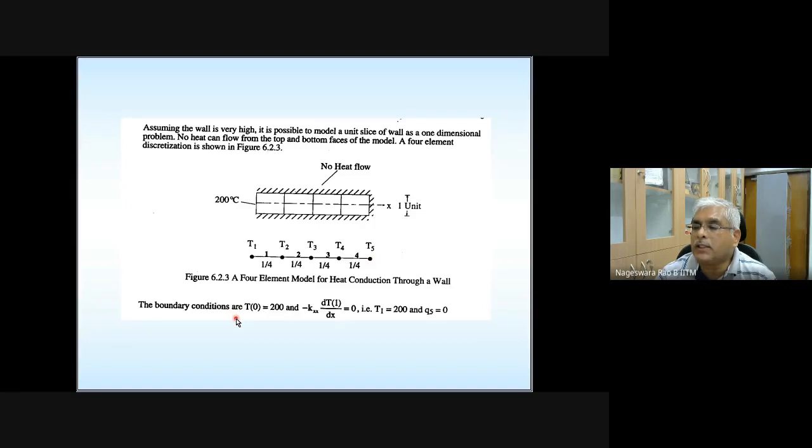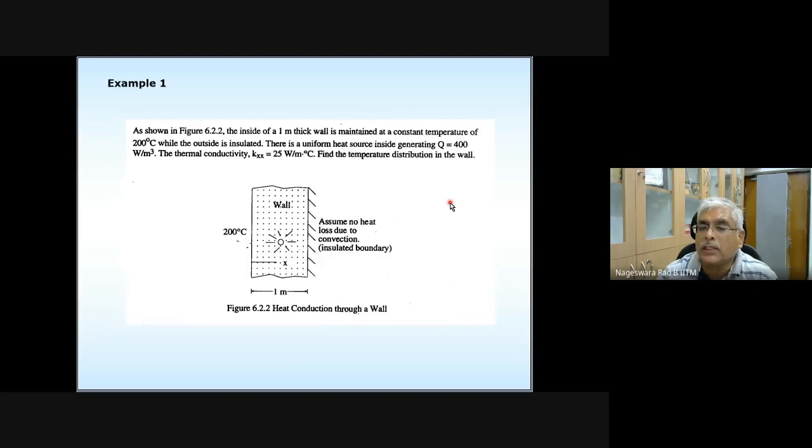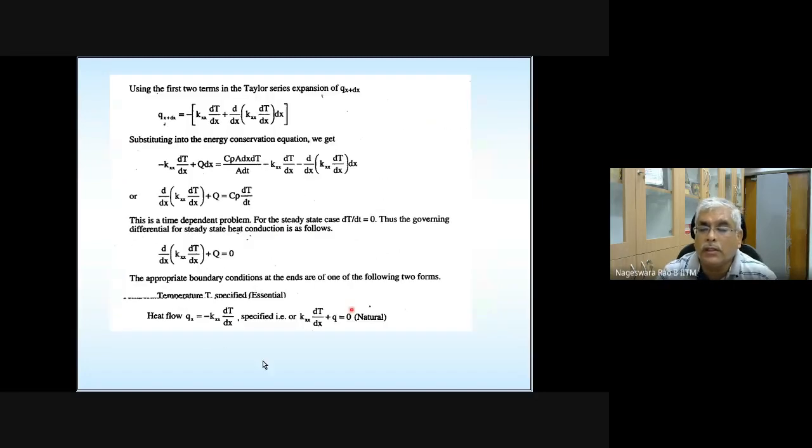Boundary conditions: the temperature value at X equal to 0 is 200. And the outside face, this face, is insulated. Insulated means Q is 0.